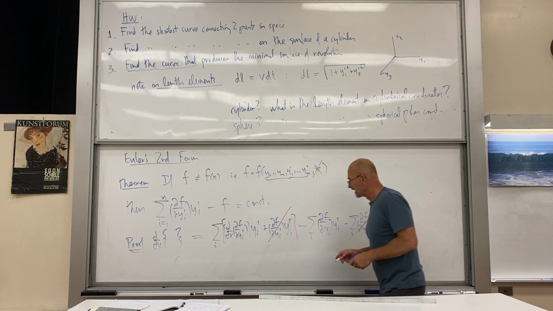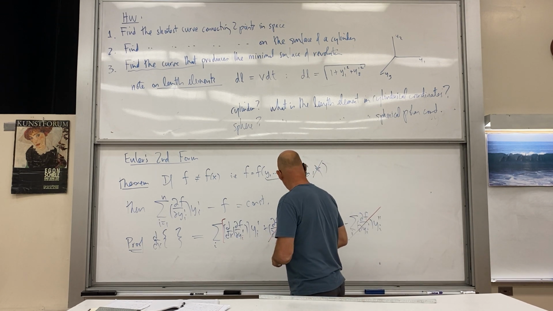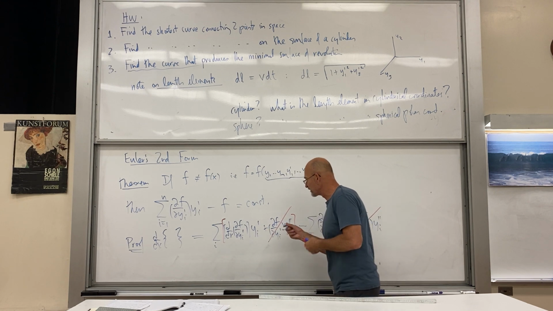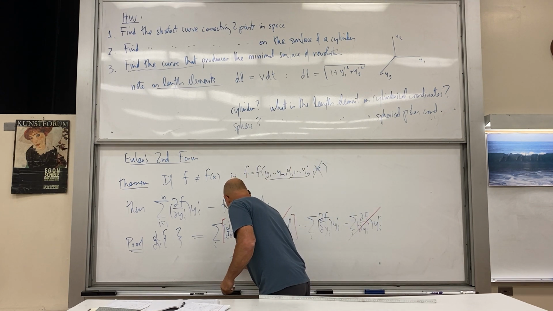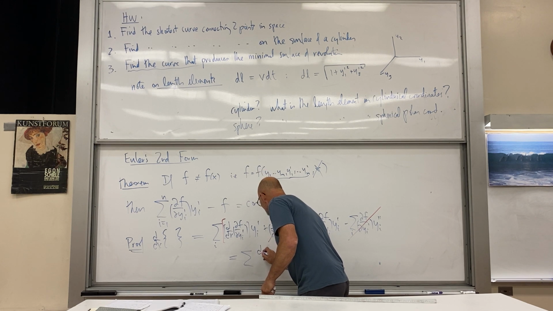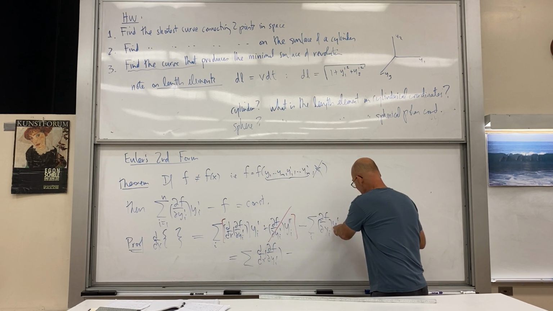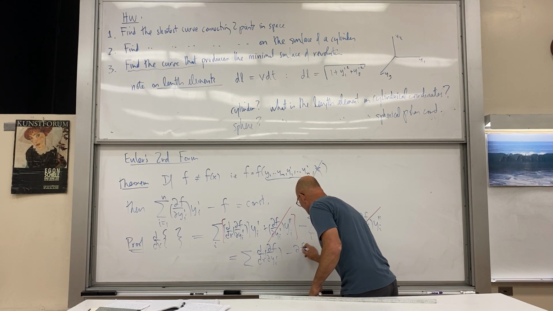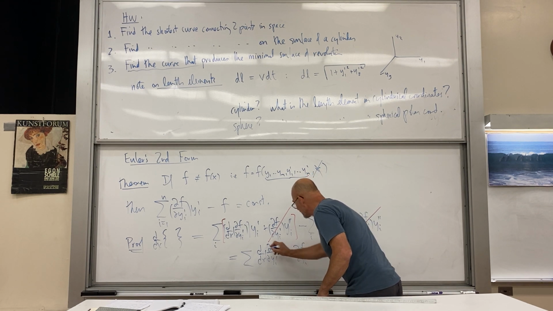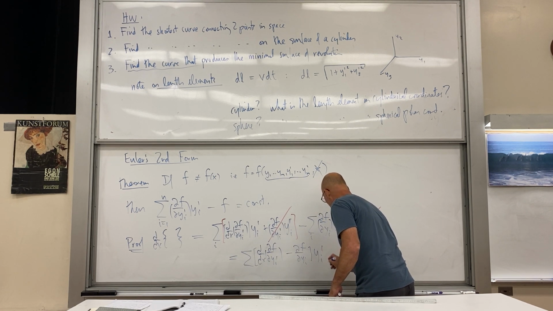Okay. And so we're left with these two. But these are going to have a common y sub i prime, so we're going to get the following: sum over d dx partial f partial y sub i prime minus this partial f partial y sub i, square bracket, y sub i prime.